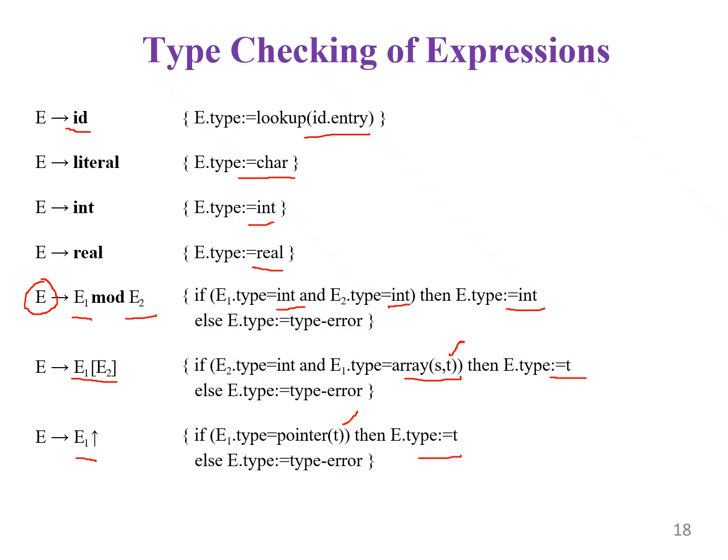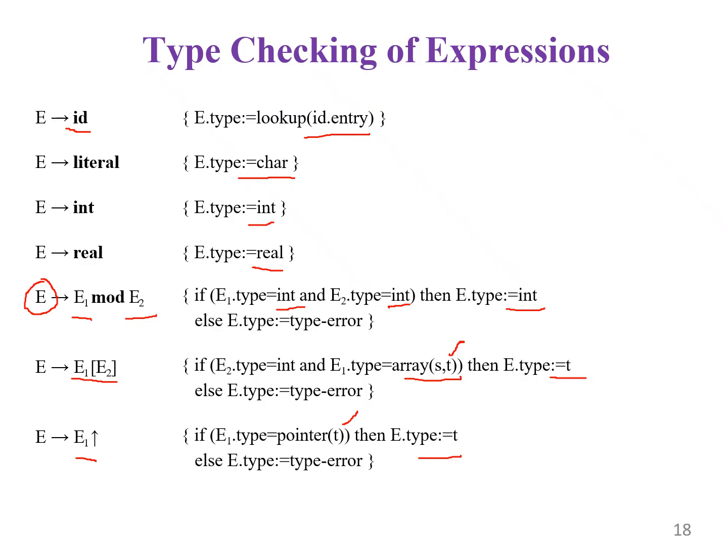This is your type checking of expressions. I hope you can get it. If it is an identifier, it will create a symbol table with the lookup entry id.entry. If it is a literal, E.type will be a literal. If it is an integer, E.type will be an integer. If it is a real, E.type will be a real. If you are performing mod operations, then if E1 and E2 are integers, the ultimate mod operation result should be an integer.